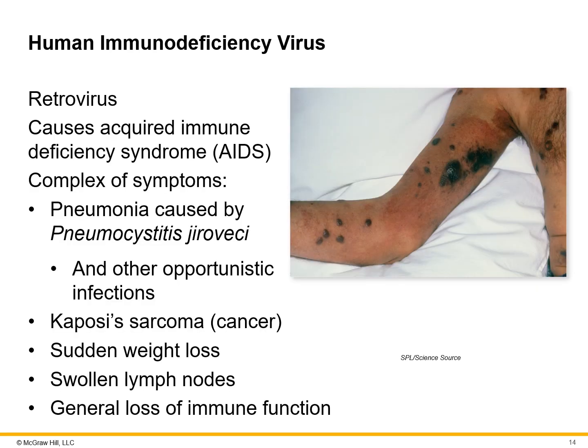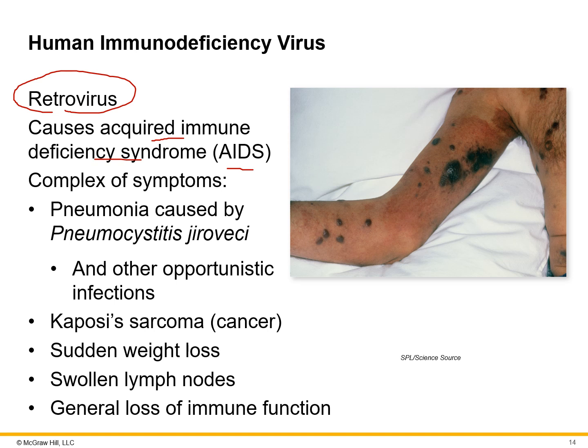All right, the last disease that we're going to talk about in this section is HIV. This is a retrovirus, so we'll go into a little bit more detail about what those are and how we can treat them. HIV, of course, leads to AIDS, which is acquired immune deficiency syndrome, because it essentially destroys our immune system.